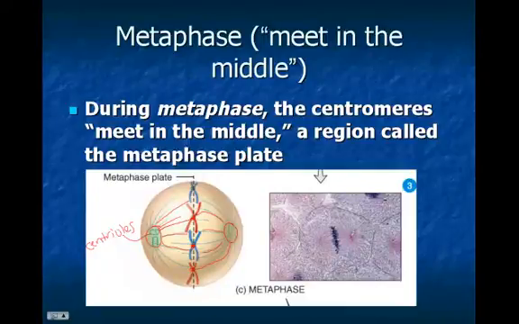Here are the centrioles, and here are the microtubules growing out to attach to those centromeres. This whole structure is what we call the spindle apparatus, because it forms this nice pretty spindle.